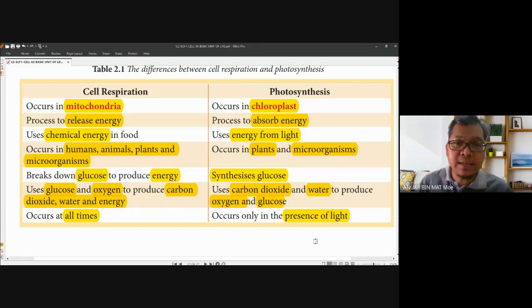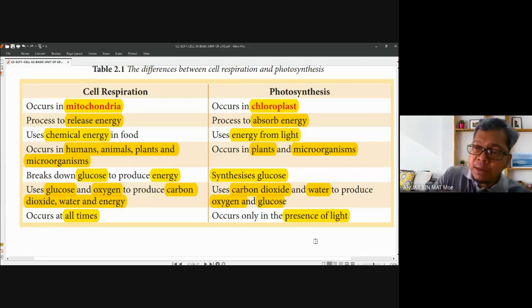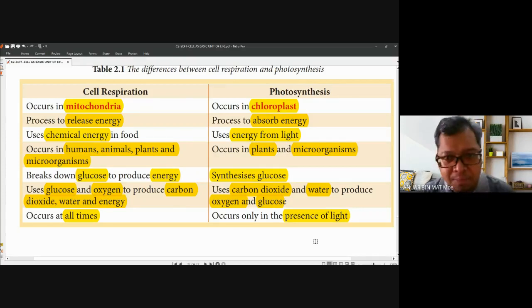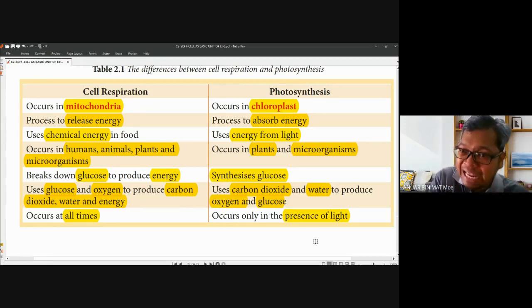That's why we need each other. Yeah. Animals and humans need plants, but plants can survive on their own. Most of the time, the plant can live on its own without depending on humans and animals.